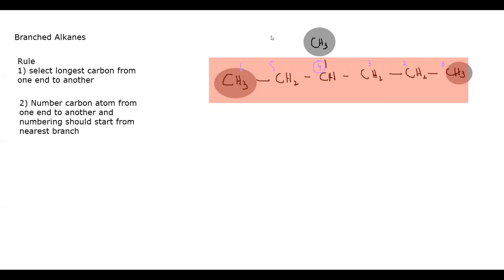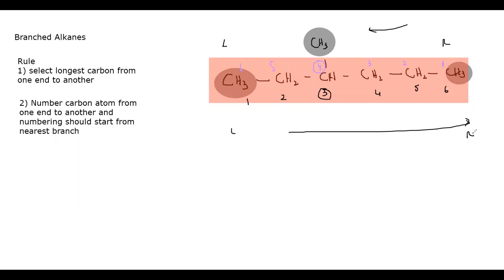And if I number from left to right, 1, 2, 3, 4, 5, 6, the branch is coming at 3rd position. So which numbering I should follow? From left to right or right to left? So we should follow from left to right.